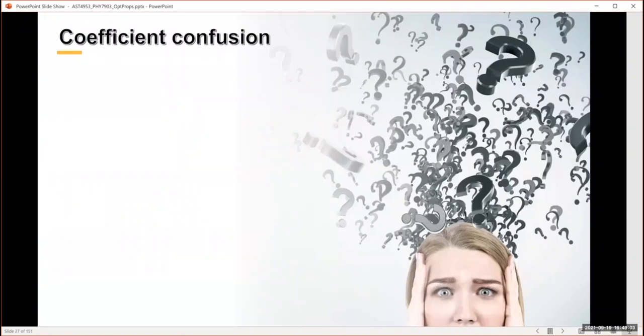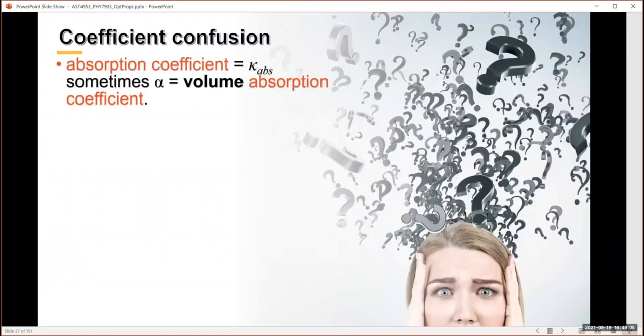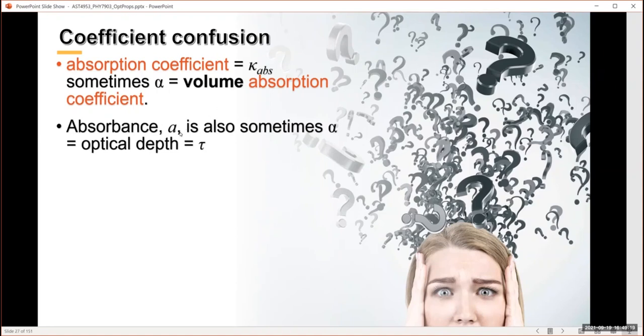So let's just revisit that coefficient confusion again, because there are lots of different coefficients, and that absorption coefficient, the kappa abs, sometimes called the volume absorption coefficient, is also sometimes given the letter alpha. We also have a thing called absorbance, which is not the same as absorptivity, and it's sometimes also alpha, and it's basically the equivalent of optical depth.